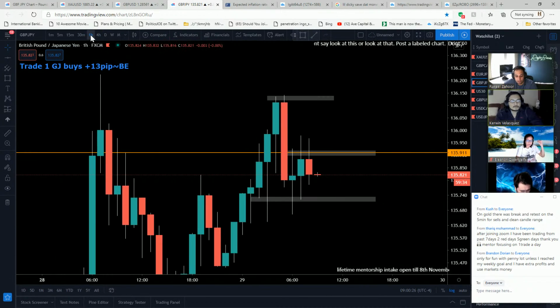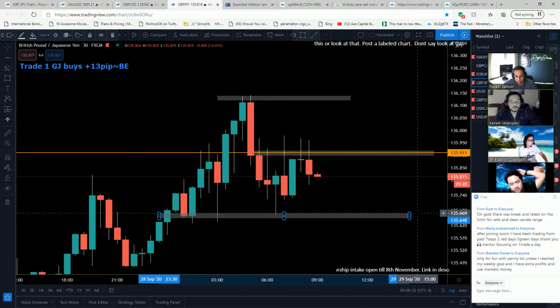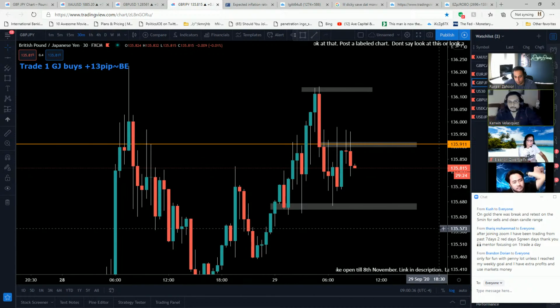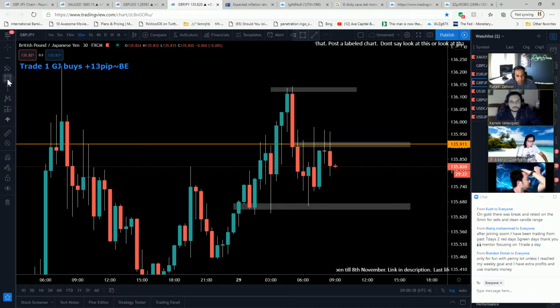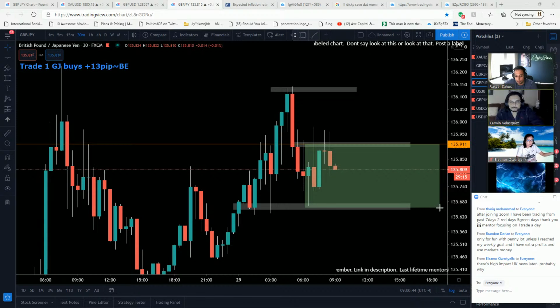GG is also in some situation over here. See, now this becomes a range on GJ, this area here.